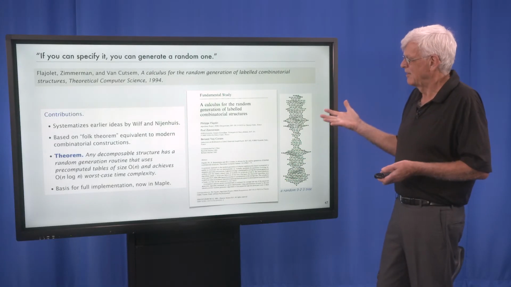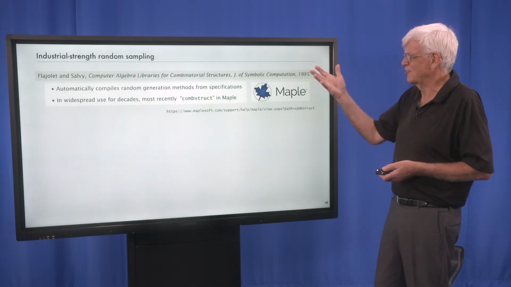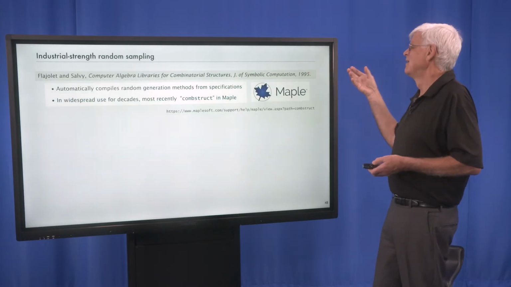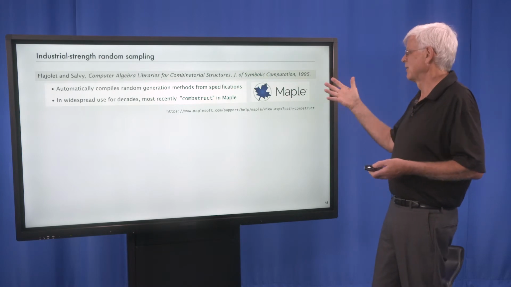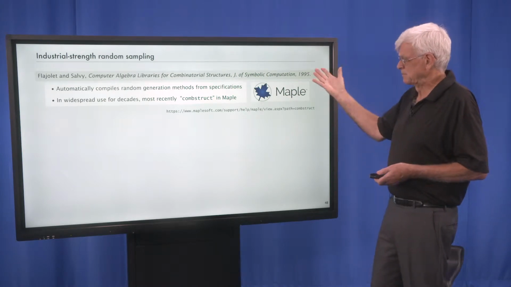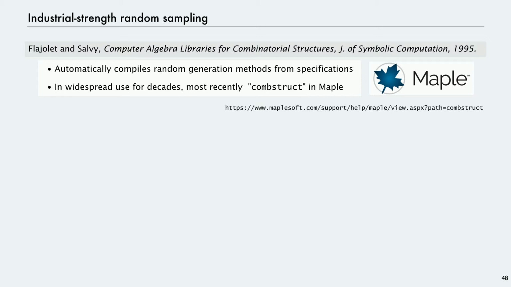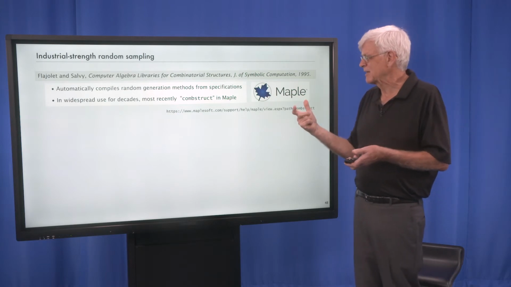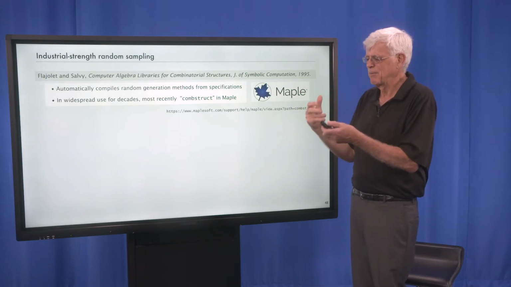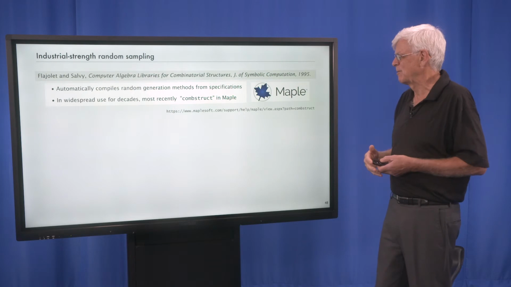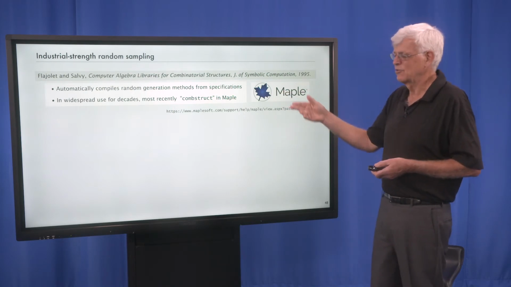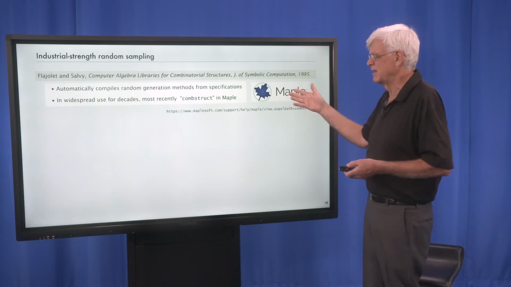In fact, there are multiple industrial-strength random sampling packages built from this idea. The Flajolet and Salvy paper, Computer Algebra Libraries for Combinatorial Structures, 1995, talks about a program called Lucy, which is now the basis for Combstruct in Maple, that automatically takes a spec and compiles it into a random generation method. That has been used for decades within Maple.